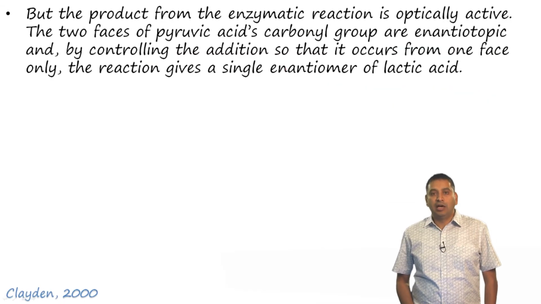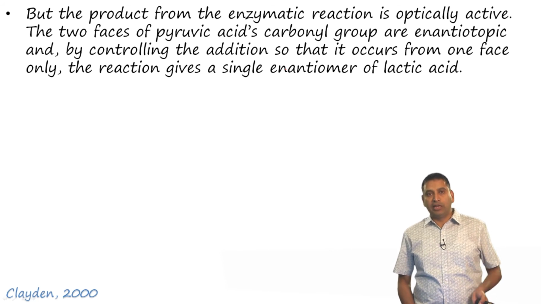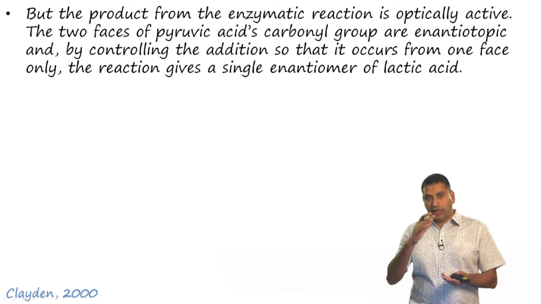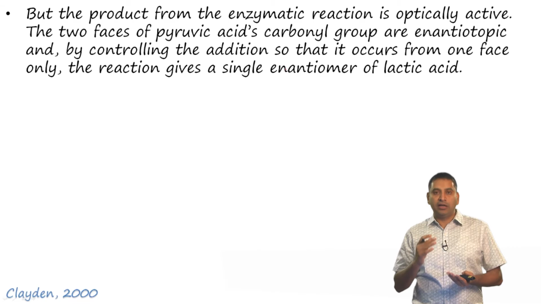Okay. But when you do this reaction in an enzymatic manner, the product is actually optically active. Okay. So, the two faces of pyruvic acid, which are enantiotopic, seem to be reacting in a way in which you get only one isomer. Okay.